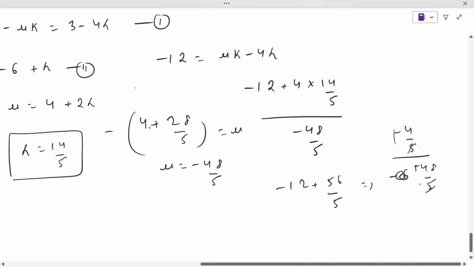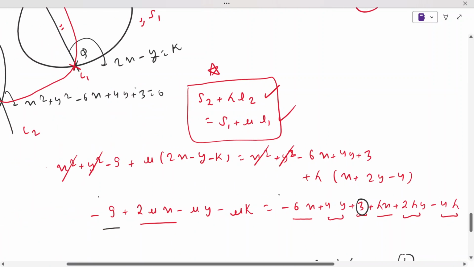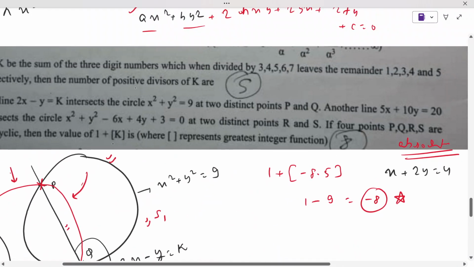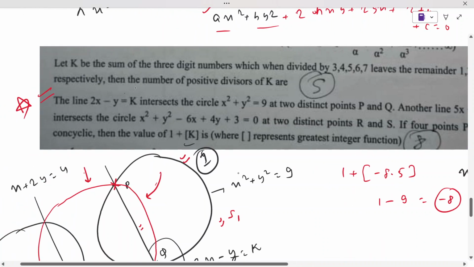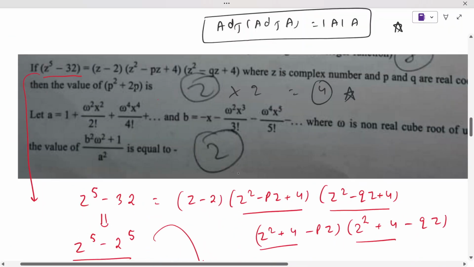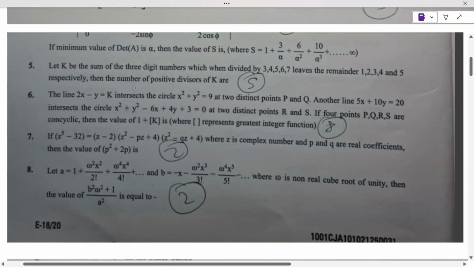Again, I got a different answer, 1 by 12 in this case. Okay, fine. You can just verify it. Then the answer will be 1 by 12. You can cross-check the calculation part once more.